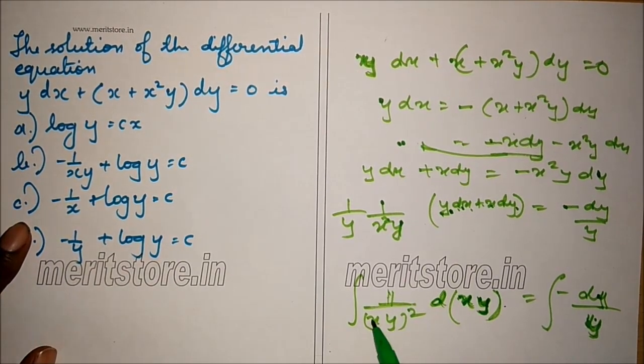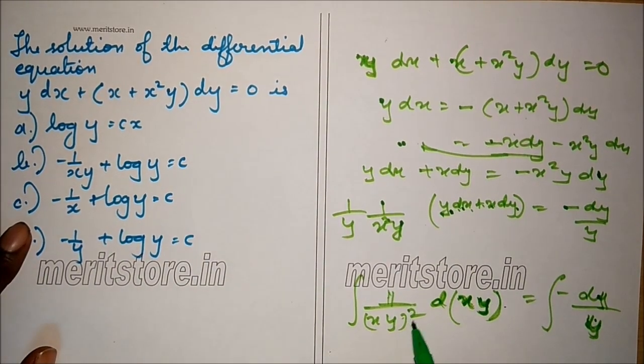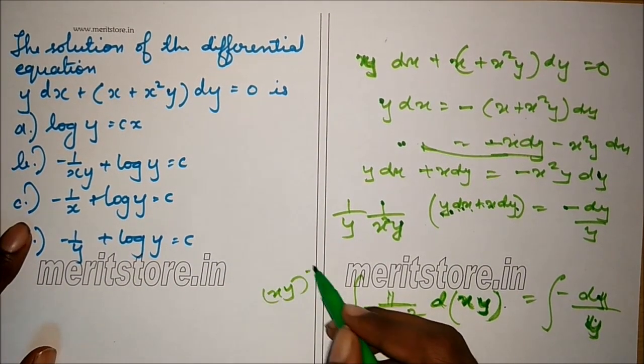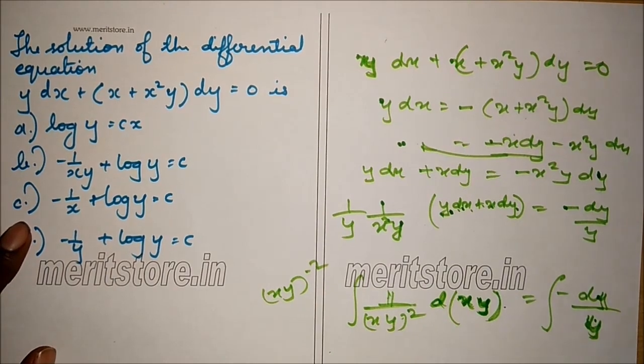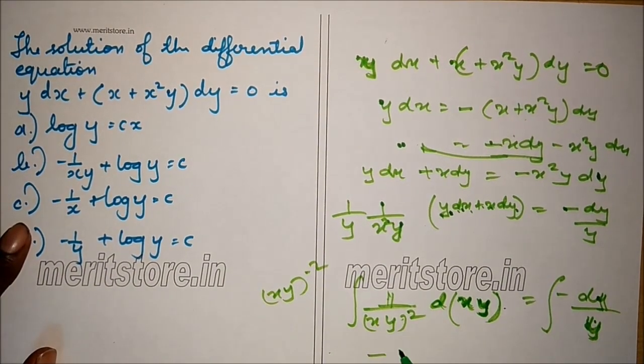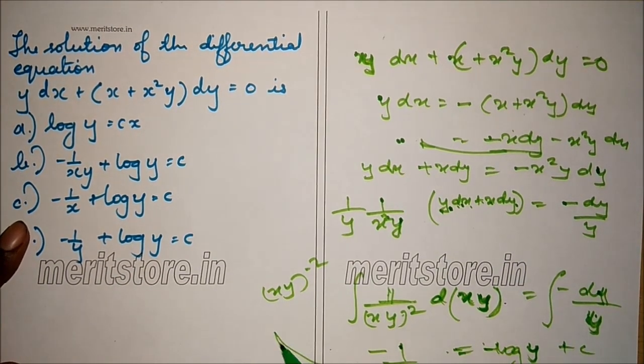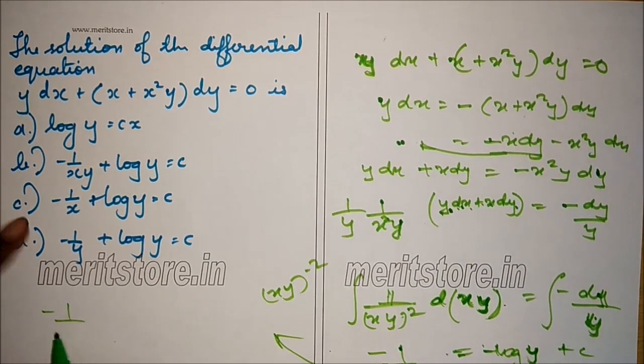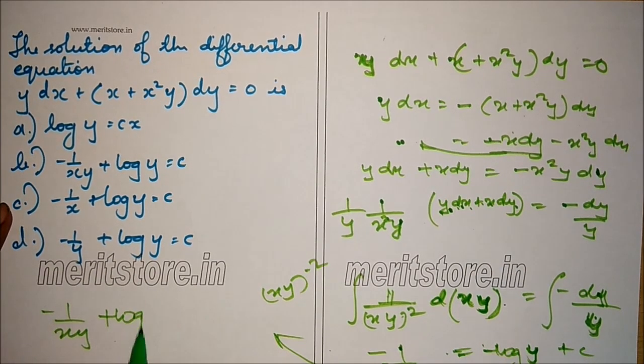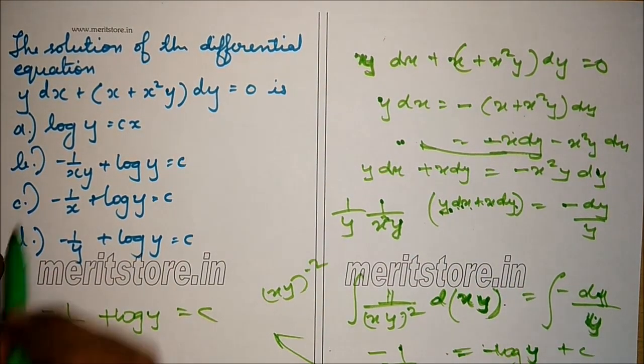This is in the form of 1 by xy the whole square, that is xy raised to minus 2. So this will be minus of 1 by xy, and this is minus log y plus c. So shuffling the terms, we'll get minus 1 by xy plus log y equals c, which is option B.